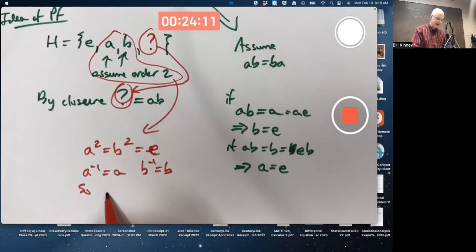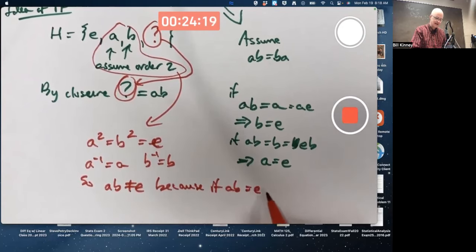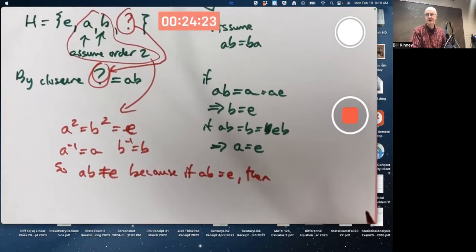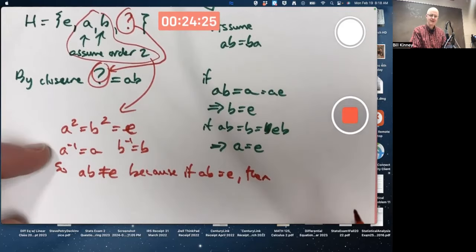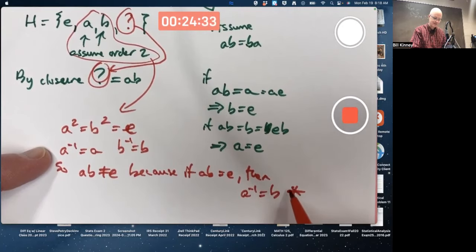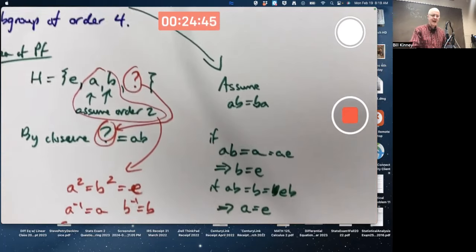So AB cannot equal E, because if AB did equal E, then A and B would be inverses of each other. And we're assuming that they have order 2, they're their own inverses, and they are distinct. That's a contradiction. So A times B is something new. So this set would have order 4.